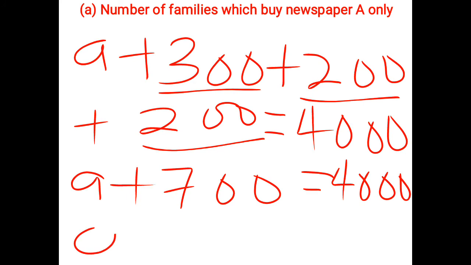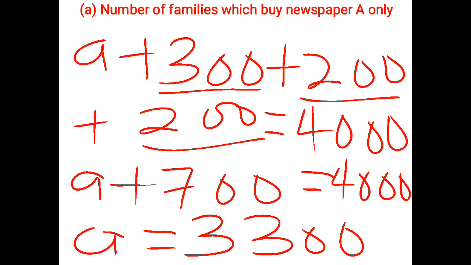So we group like terms and make A the subject. So we are going to get A equal to 4,000 minus 700, giving us 3,300. Not forgetting our unit, which is families. So 3,300 families buy newspaper A only. I write families in full because of my space.